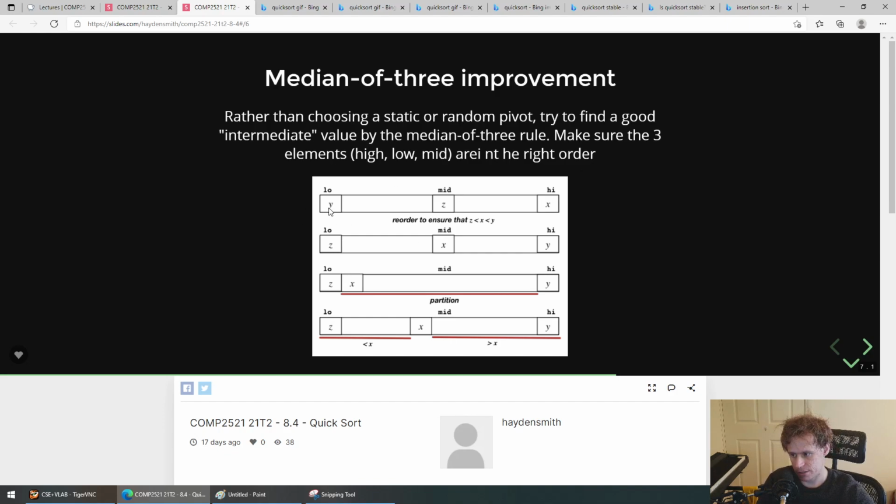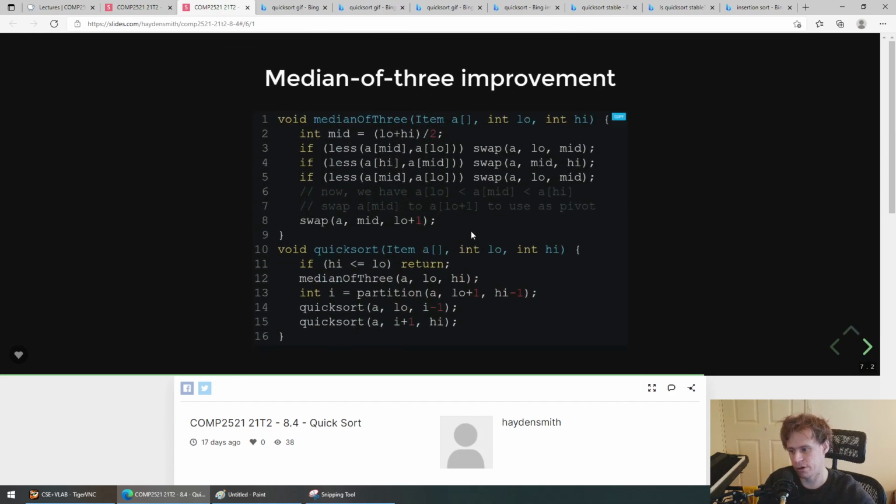So the idea is this is your array, use median of 3 to swap these around, and then you just give it to the normal partition function. I mean, you can go through this code. I know you look at this and might think, oh, scary, but it does make sense.